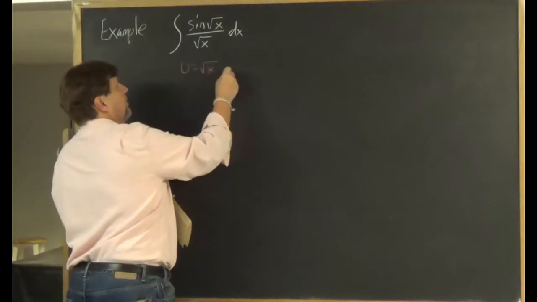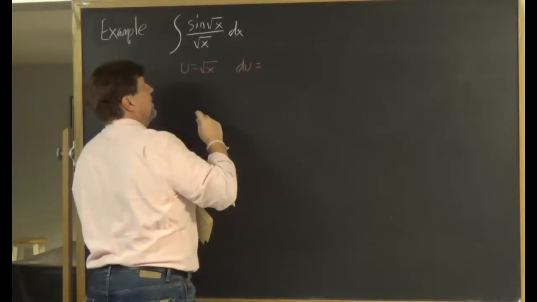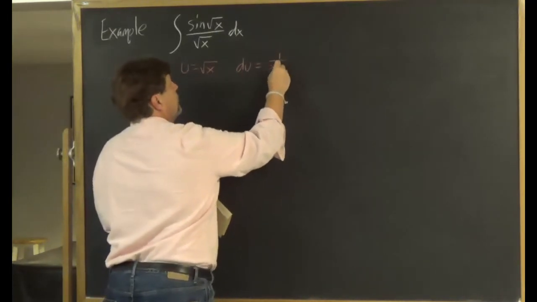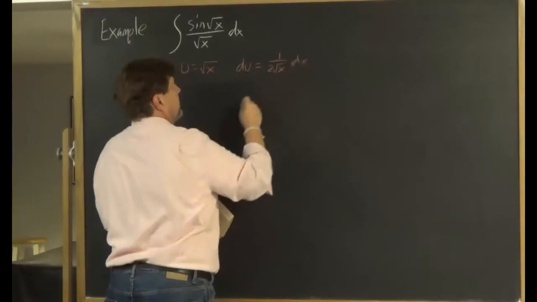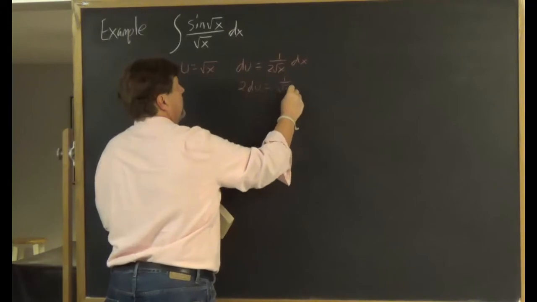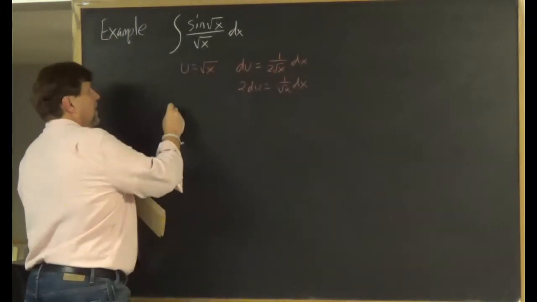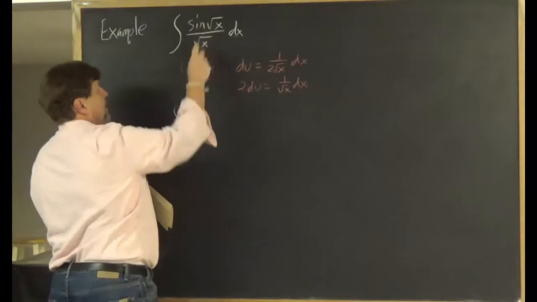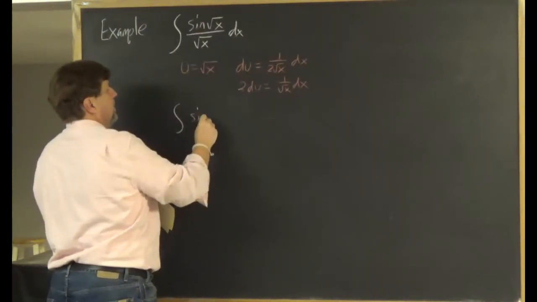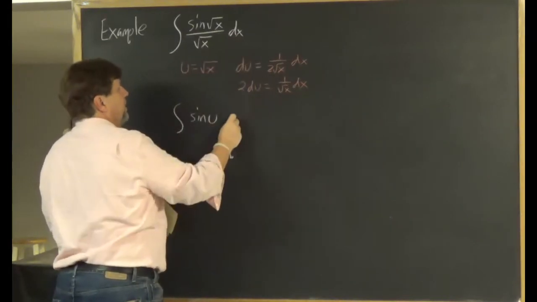If u is square root x, du is 1 over 2 square root x dx, or 2 du is 1 over square root x dx. So when I substitute in, I have sine of u.